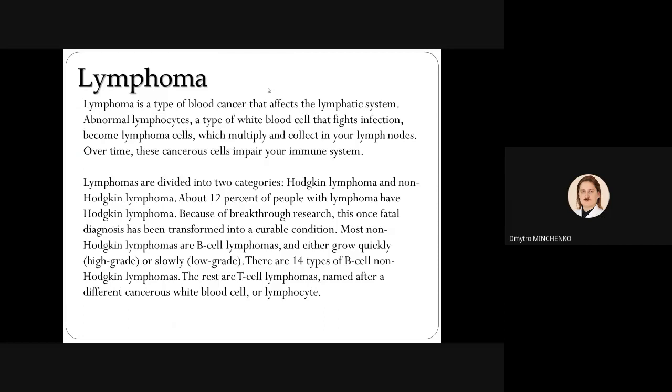Most non-Hodgkin lymphomas are B-cell lymphomas and either grow quickly, high grade, or slowly, low grade. There are 14 types of B-cell non-Hodgkin lymphomas. The rest are T-cell lymphomas named after different cancers of the white blood cells or lymphocytes.